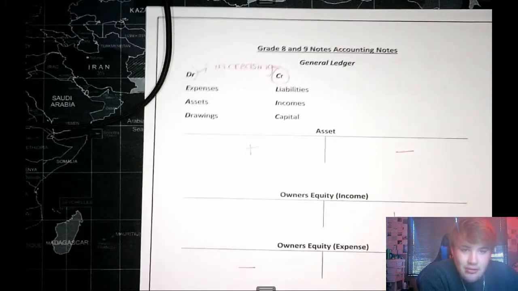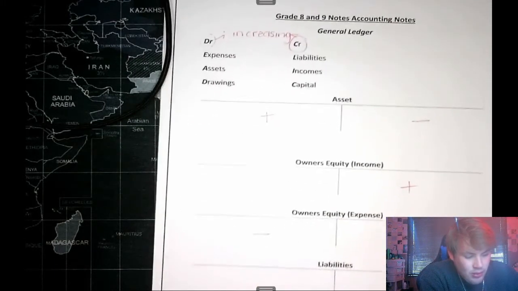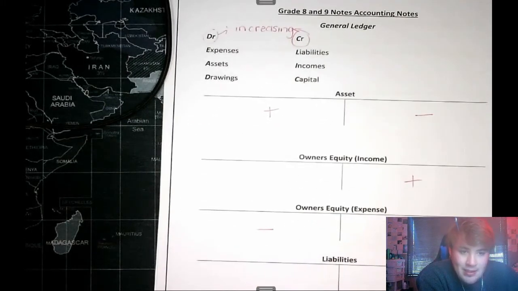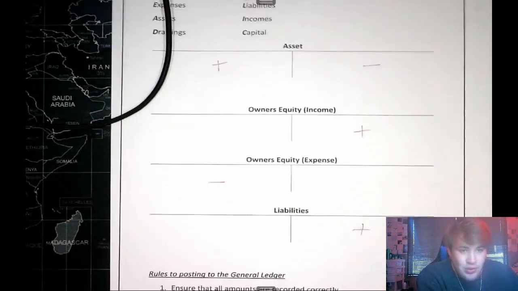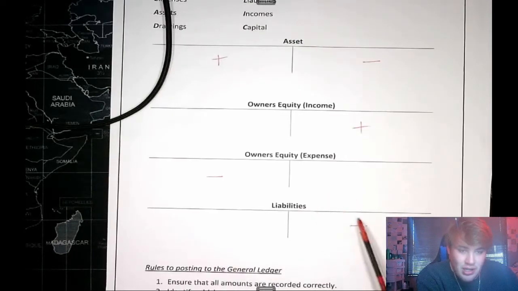Very quickly, we all know assets increase on the debit side and decrease on the credit side. Owner's equity income increases our equity on the credit side. Owner's equity expense, so all our expenses, decrease our equity on the debit side. And then of course we have liabilities, which increase on the credit side.